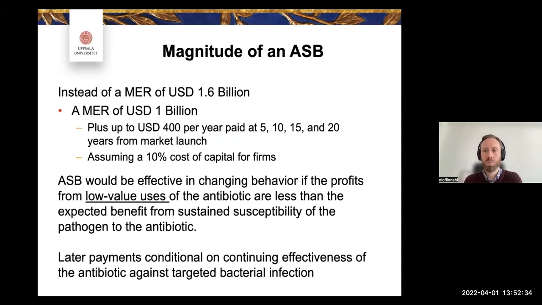It's not chump change, but still, it's important. So it would be a smaller MER with the ASB attached, but then the money would be spent over a longer period of time to basically dissuade the developer of low value uses of their drugs. So stay away from animals, stay away from pushing sales in middle income markets.